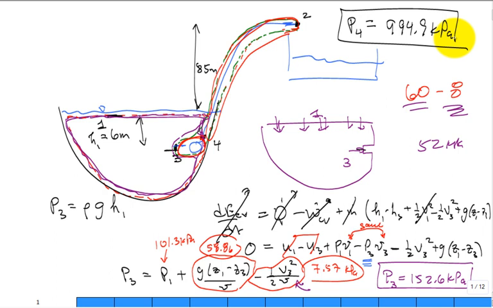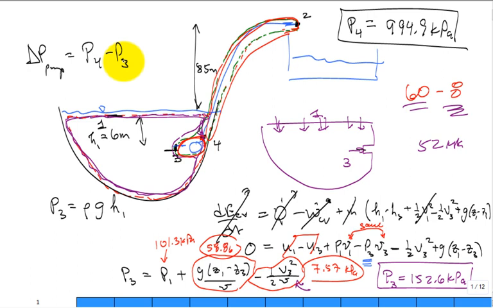So the pressure increase across the pump, the last part of the problem, delta P of the pump, is equal to P4 minus P3. And you just make that calculation. It's like 1,000 kilopascal minus 150.